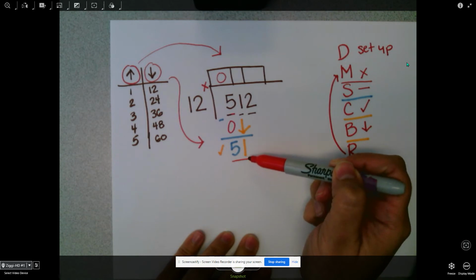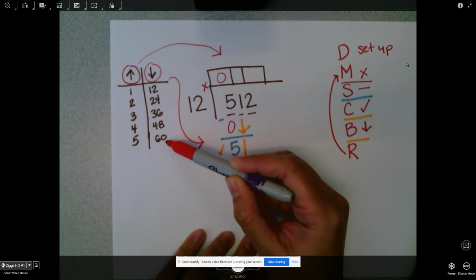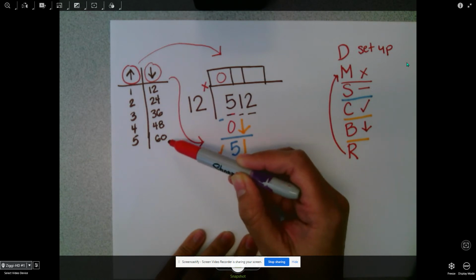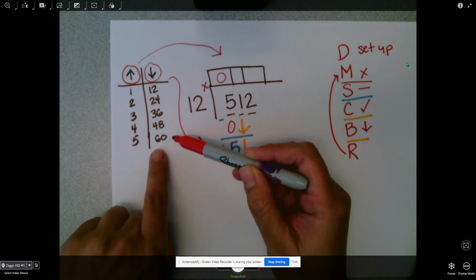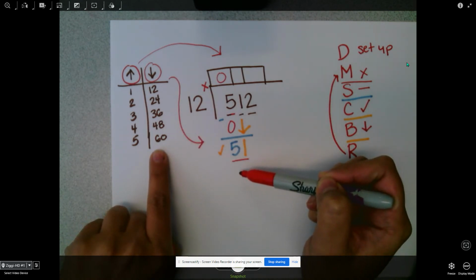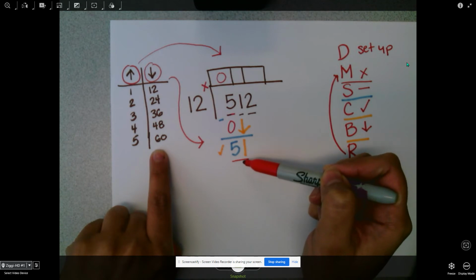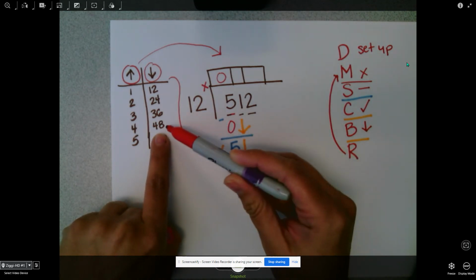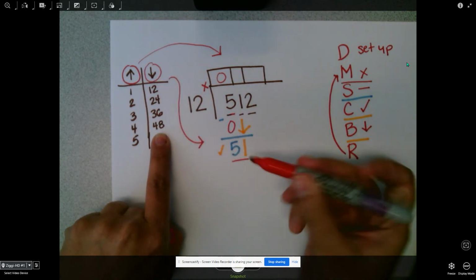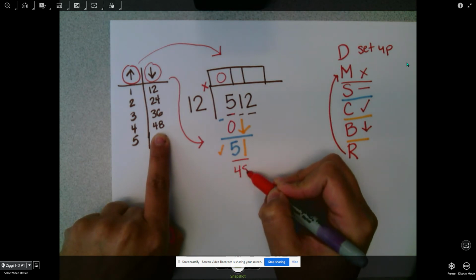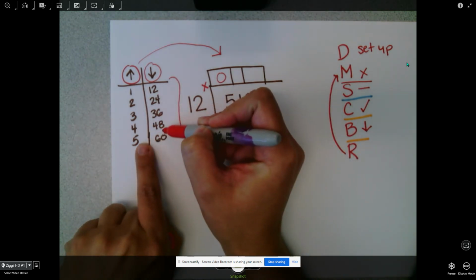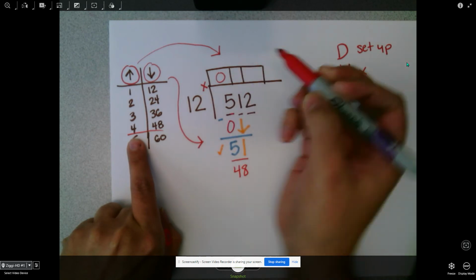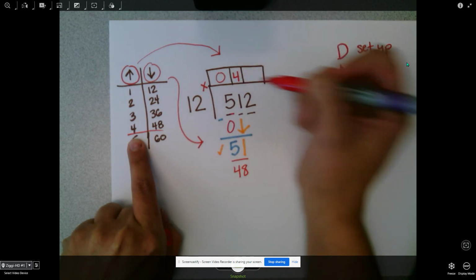The closest to 51 could be 48 or 60, but I can never go over 60 because when I subtract, I would have my bigger number on the bottom, and that's not possible. So the closest number to 51 is 48. So that's what I'm going to put at the bottom, 48. And the top number to 48 is 4. So I'm going to put 4 at the top. Okay.